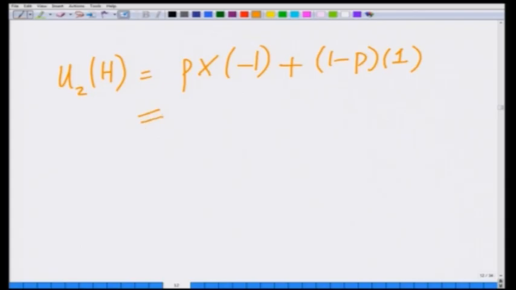So his average payoff is p times minus 1 plus 1 minus p times 1, which is equal to 1 minus 2p, right.